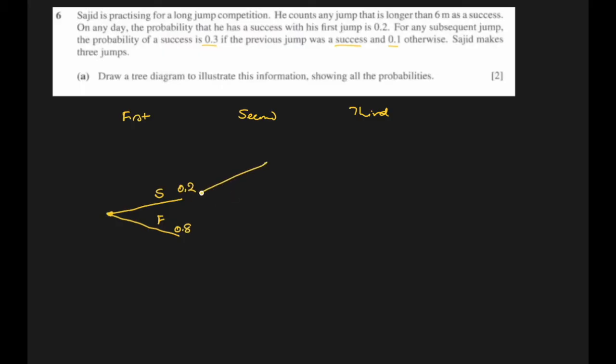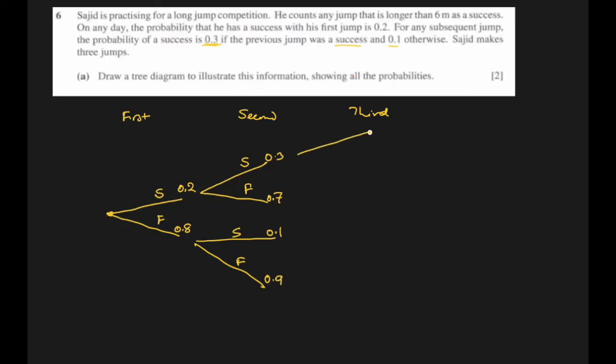Second jump: because the first jump is a success, the next jump's success probability is 0.3. And the failure will be 0.7, again the sum should be 1. Because the first jump was a failure in this branch, the success probability is 0.1, failure will be 0.9.